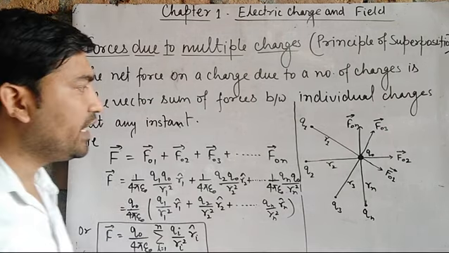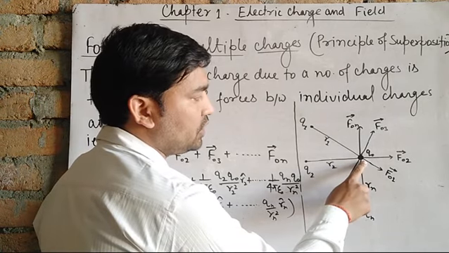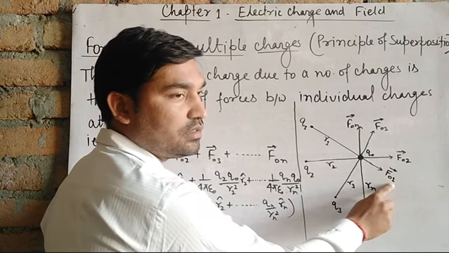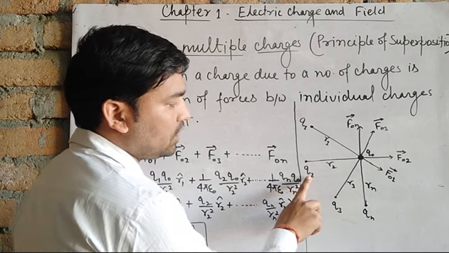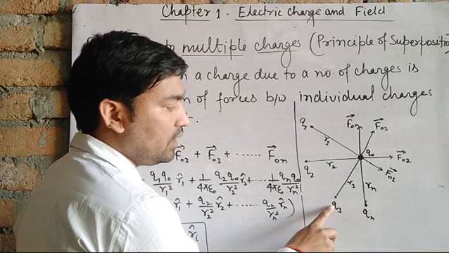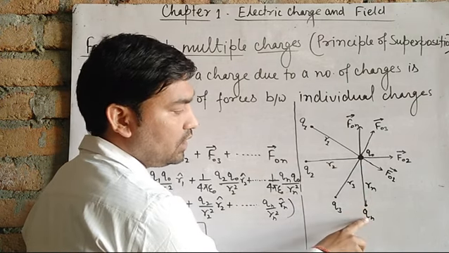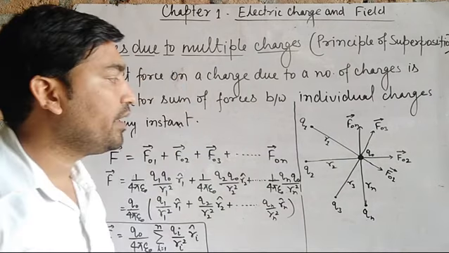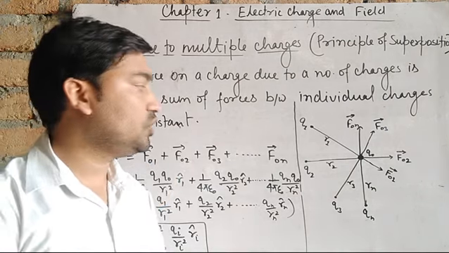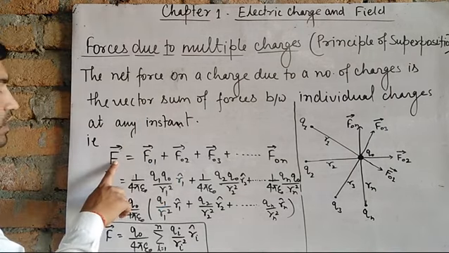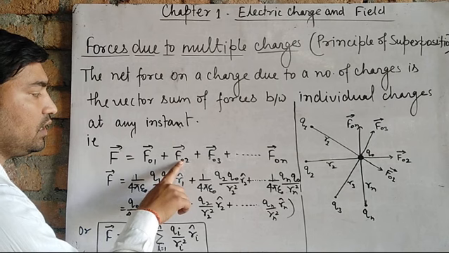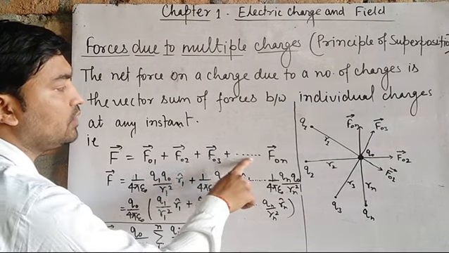It means we have to calculate the force on this charge Q0 due to Q1 first of all, written as F01, and the second force is calculated between Q2 and Q0, and then Q3 and Q0, and finally we take the vector sum of these forces. The net force on the charge Q0 is equal to F01 plus F02 plus F03 and so on up to F0n.